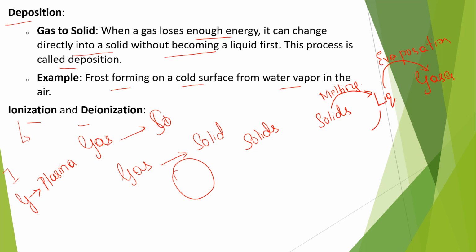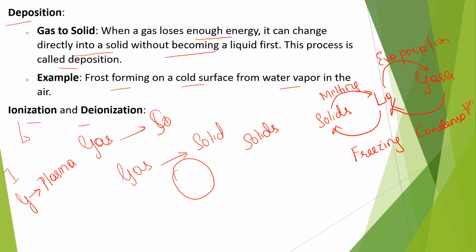When liquids get converted to solids, this process is called freezing. When gases get converted to liquids, this process is called condensation. So these are straight things: solids, liquids, gases. They are following the rule.